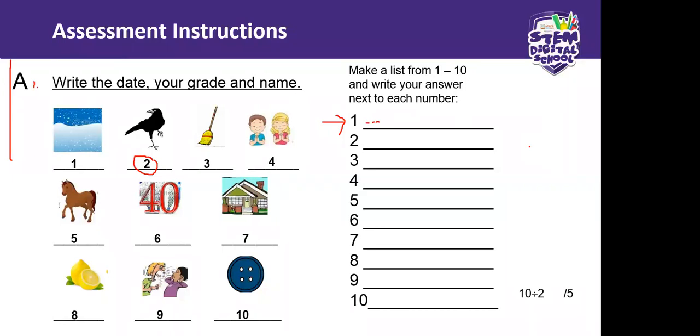And remember, try to spell it correctly. Give it your best.